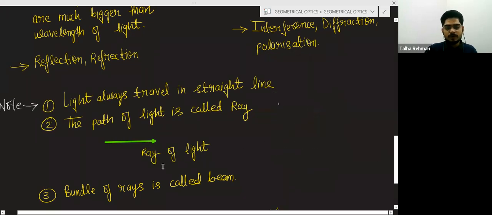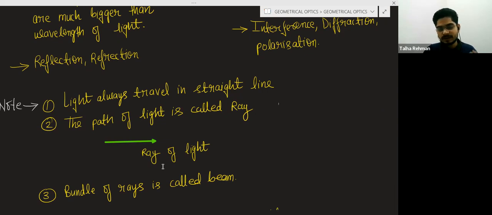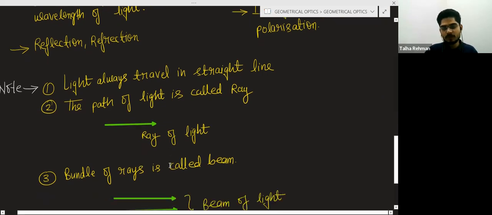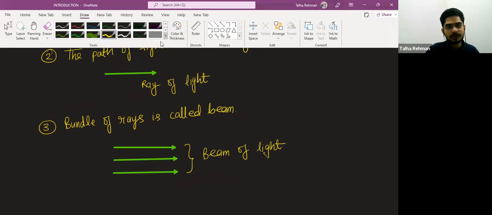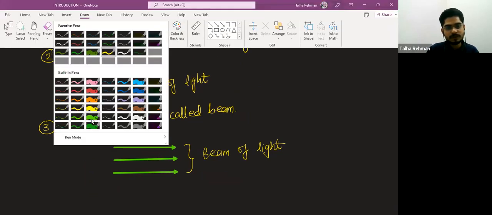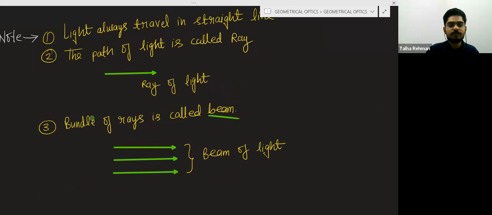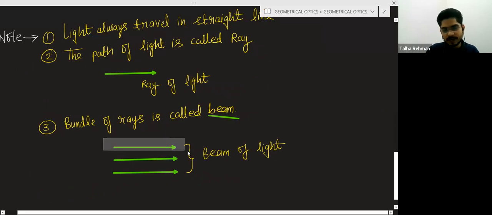Now if you combine a number of rays of light, that will be known as a beam of light. A bundle of rays is known as a beam of light.